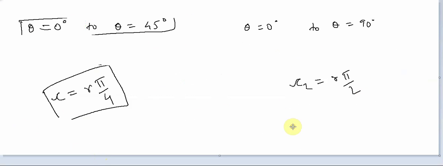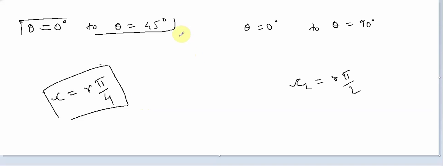So when we doubled the angle, our arc length also doubled. Pi by 2 is twice pi by 4.